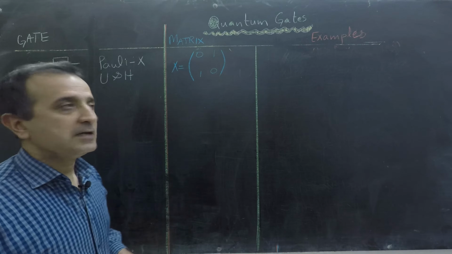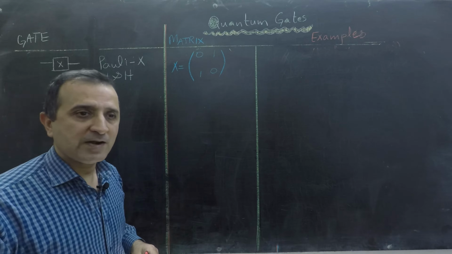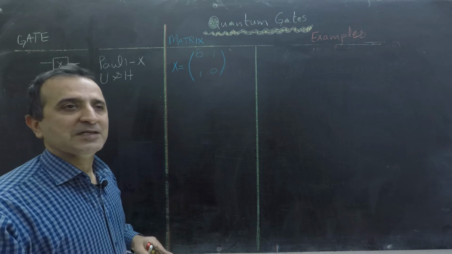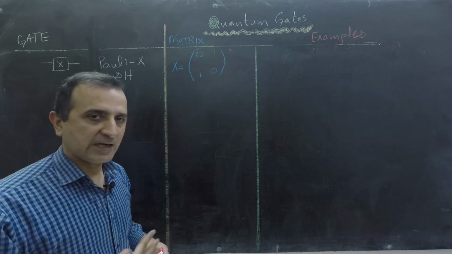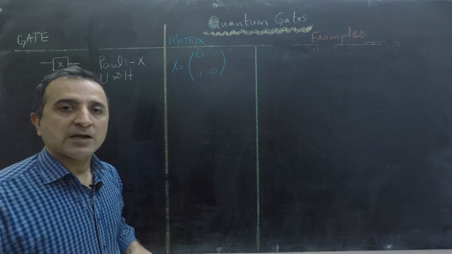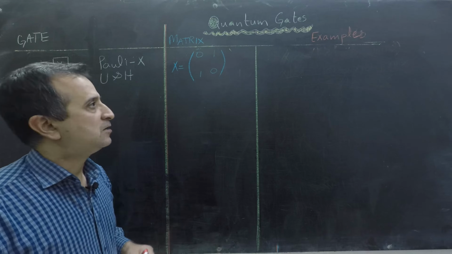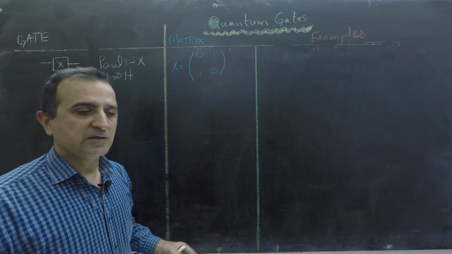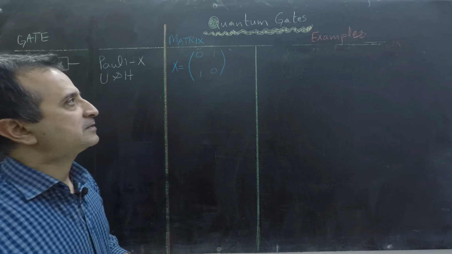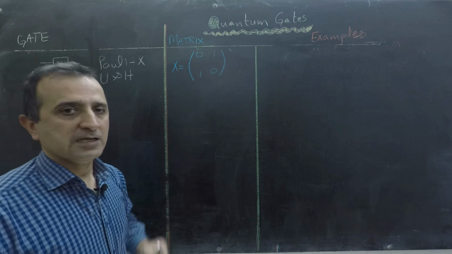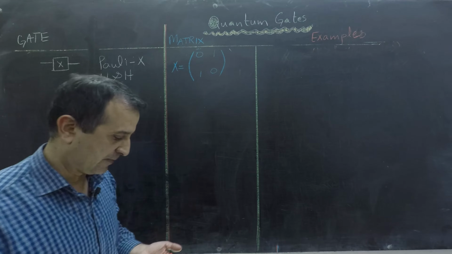Now please note that for a single qubit we need 2 raised to power 1, that means a 2 by 2 dimension matrix, because a single qubit needs a 2-dimensional vector for its representation, and for 2 qubits we need a 4 by 4 dimension matrix, and to manipulate n qubits we need a 2 raised to power n by 2 raised to power n dimensional matrix.